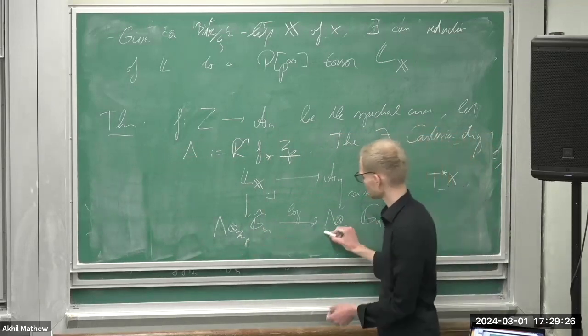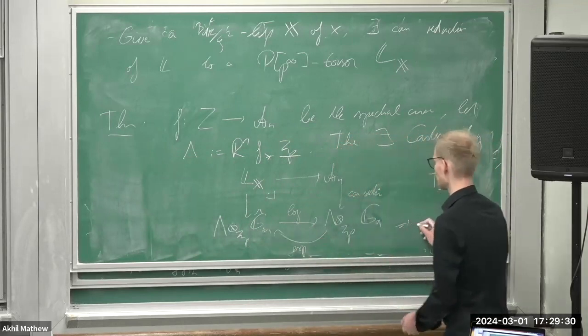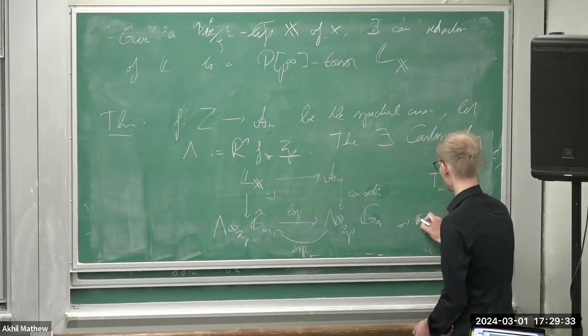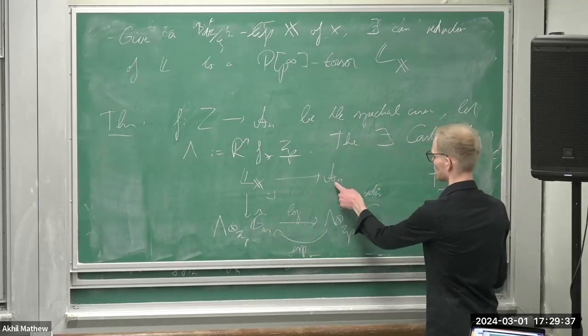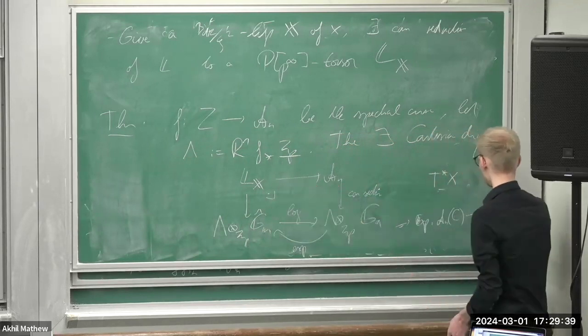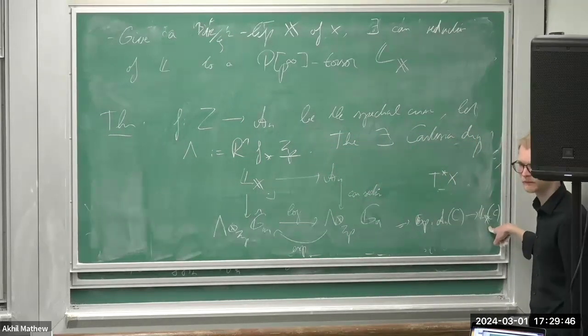Okay, and now we can say what the exponential does. The exponential is the splitting of the lower morphism on K-points. In particular, the exponential gives me, in some sense, a trivialization of this torsor on a sequence.